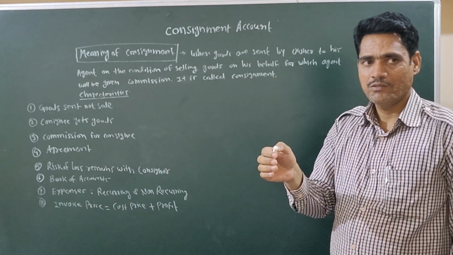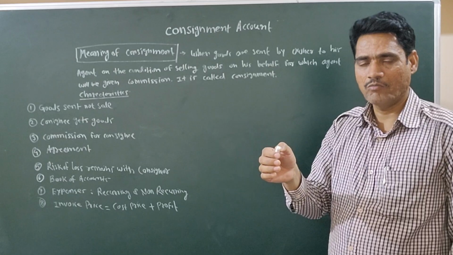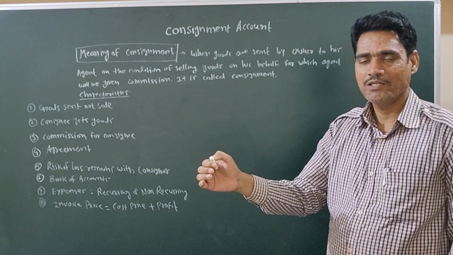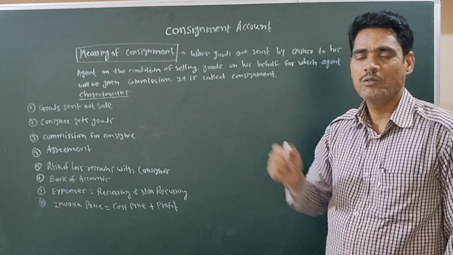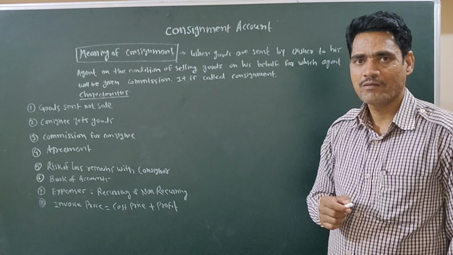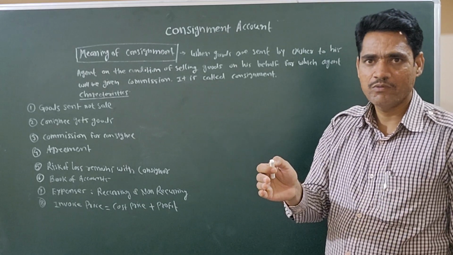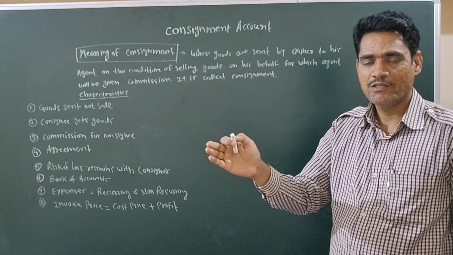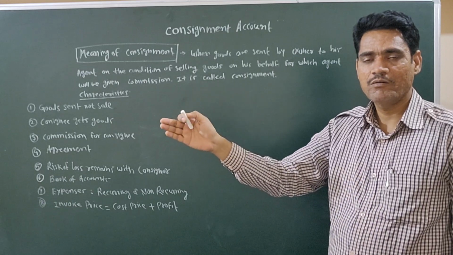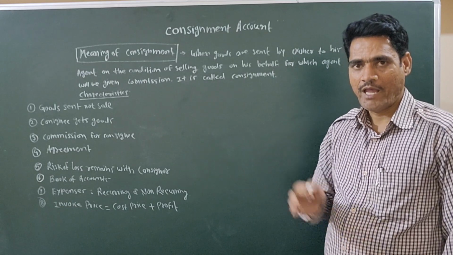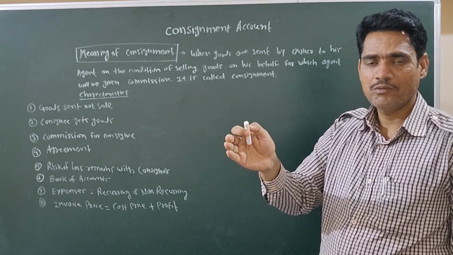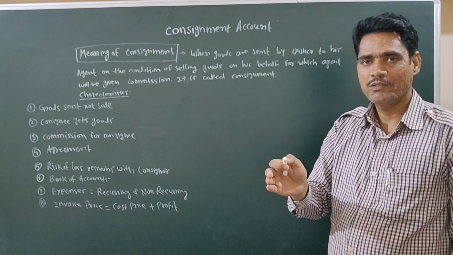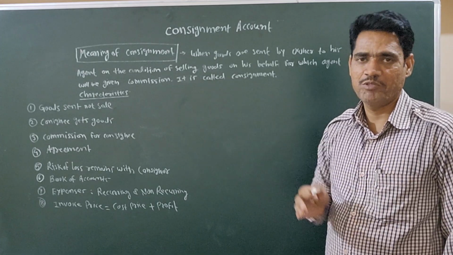The owner of the factory wants to expand his business to another place. From this point of view, the owner appoints an agent in different places, and through an agent, the owner expands their business.